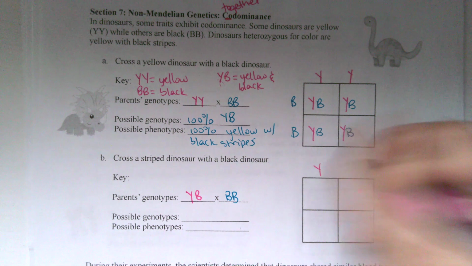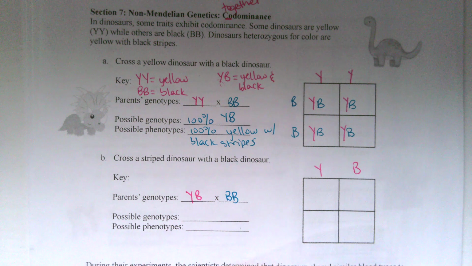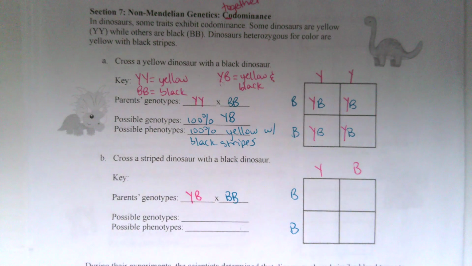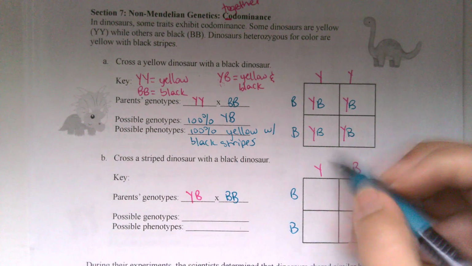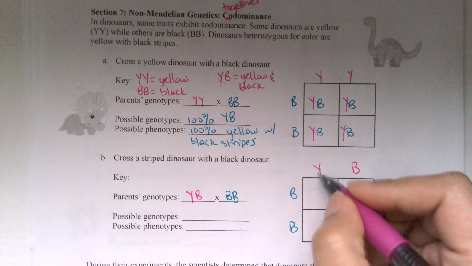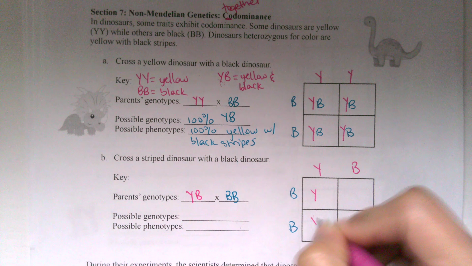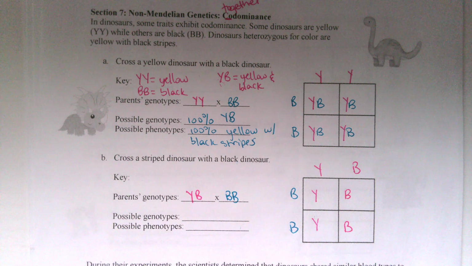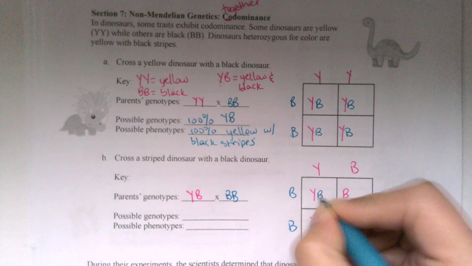We set up our Punnett square, YB, and then BB, separating our alleles as usual. And then let's fill in this Punnett square. Y comes down, Y comes down, B comes down, B comes down, and then this B comes across.